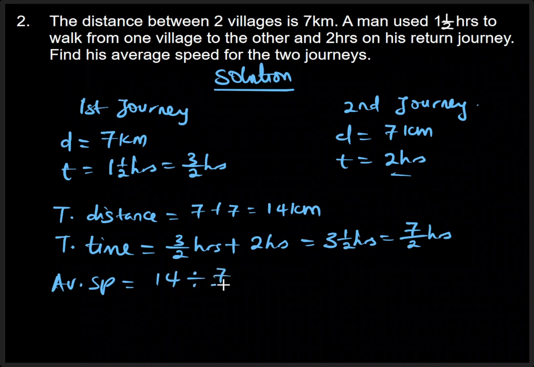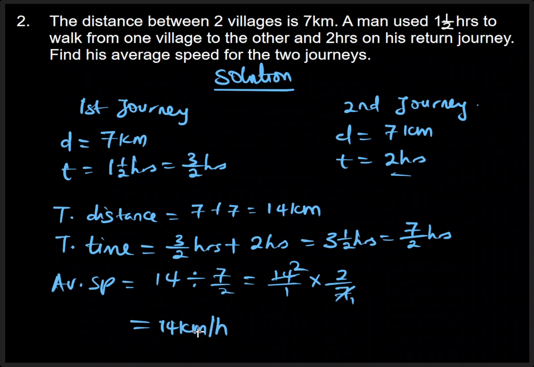Right, so we can now get our average speed, which is total distance, 14, divided by total time, which is 7/2. So that will give us 14/1 times 2/7. 7 into 14 is 2, and 2 times 2 will give us 4.